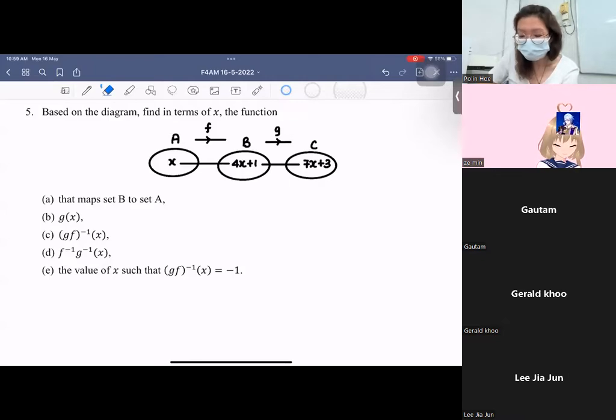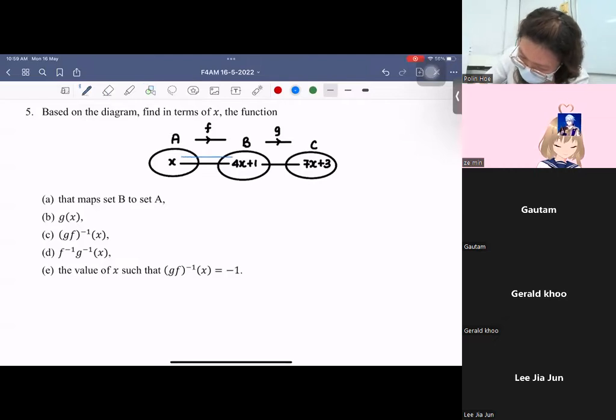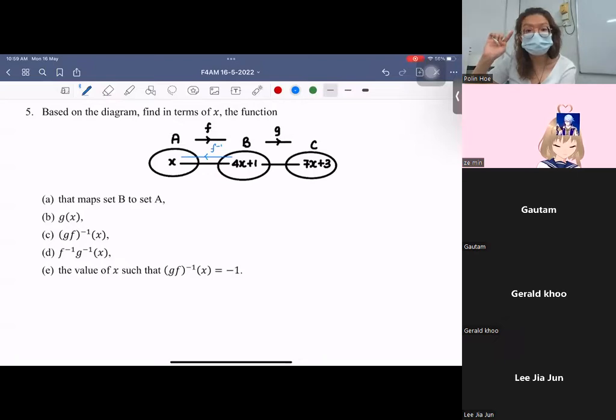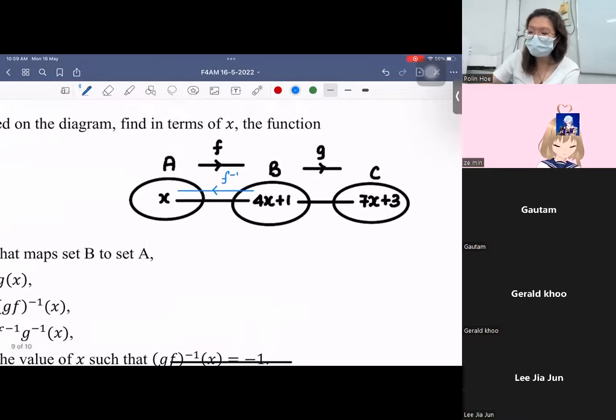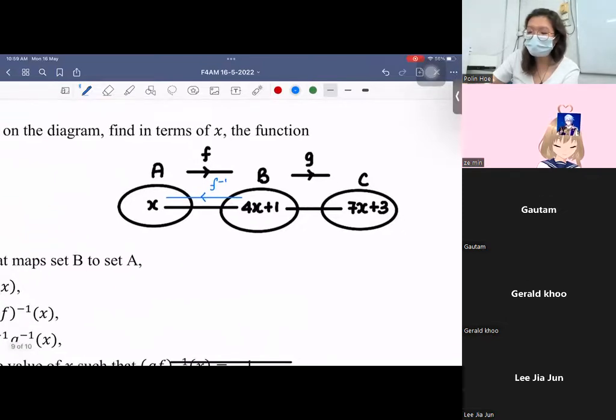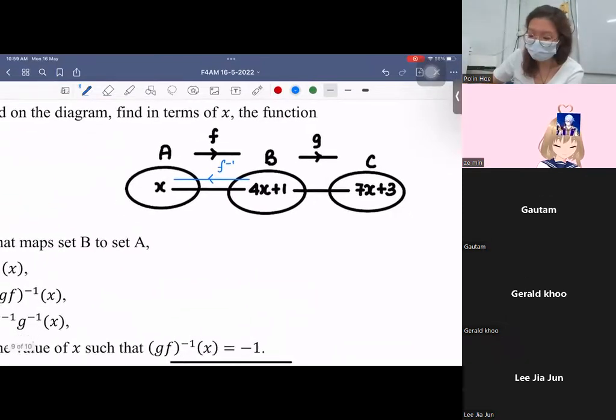Find the function that maps B to A. I want the function that maps B to A. I want f inverse of (4x plus 1). When you see this type of question, remember, from the bridge, we can write out that f(x) equals 4x plus 1.